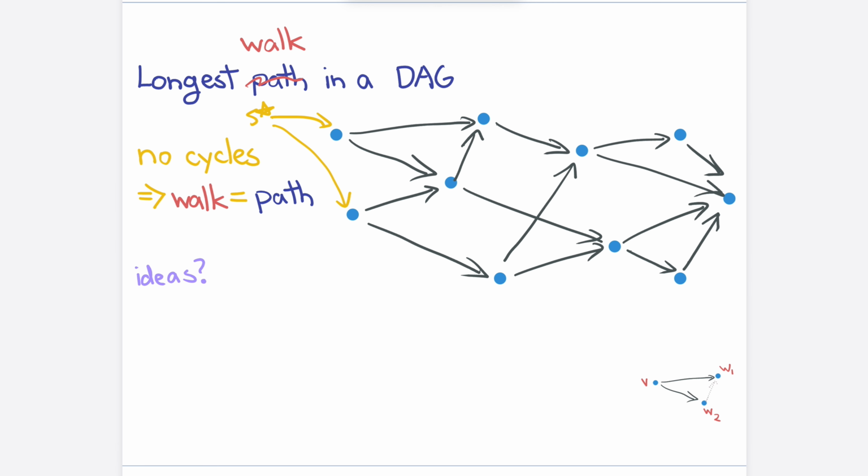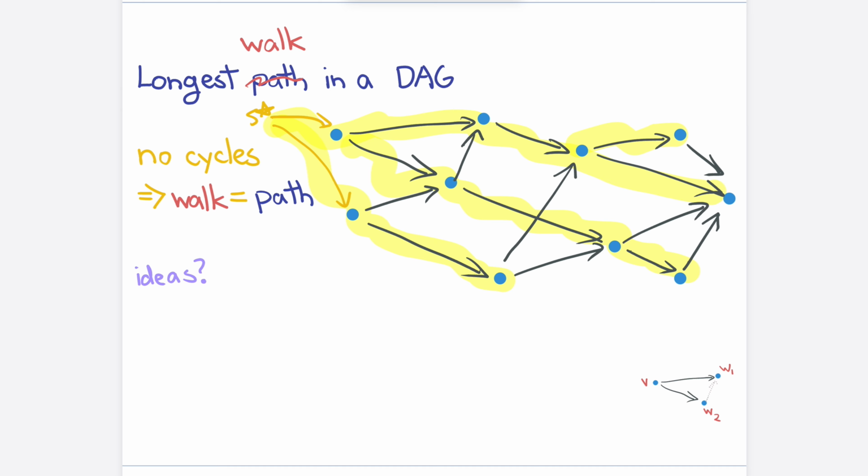Okay, so the suggestion was maybe I could make a super source attached to all the sources and run DFS. And DFS will figure out everyone S star can reach, which I guess in this graph will just be everyone, right? If you ran DFS in this graph, it's going to go find all these connections or something, right?